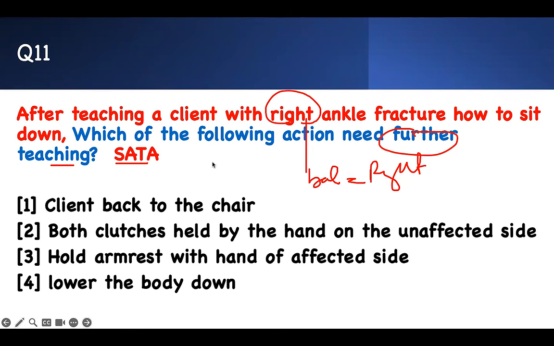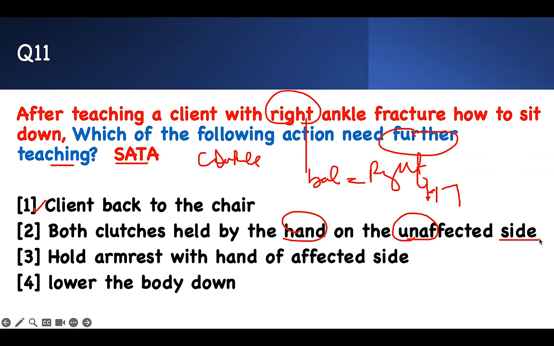I left out the crutches, but the patient is using crutches, so we can fix it. Client's back to the chair. If this is the chair and the client is here, his back is facing the chair. So this is correct. Both crutches held by the hand of the unaffected side.